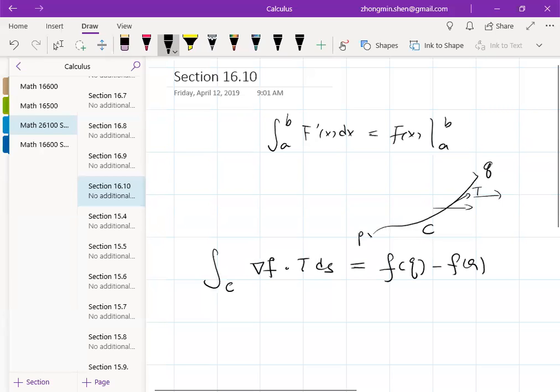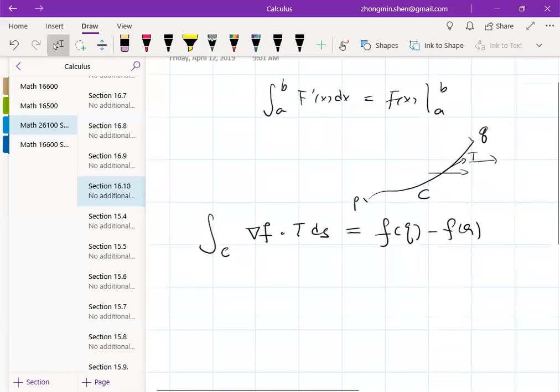Very similar to the above one, but now it's not the integral over an interval, it's the integral along the curve. I think the special case will be the above one, the fundamental theorem of calculus. But we can prove the fundamental theorem for line integrals using the fundamental theorem of calculus.